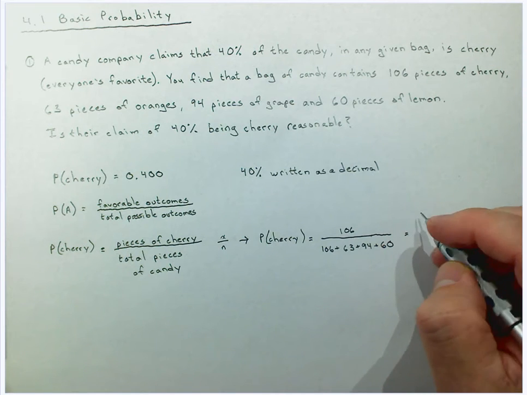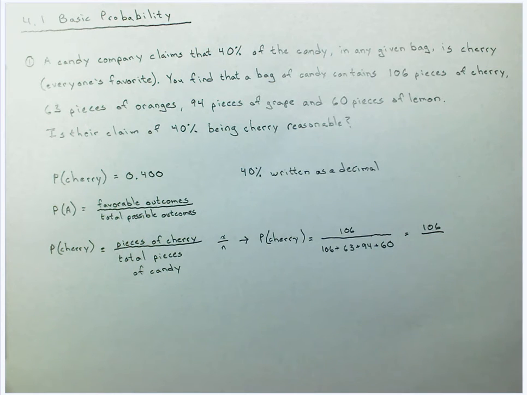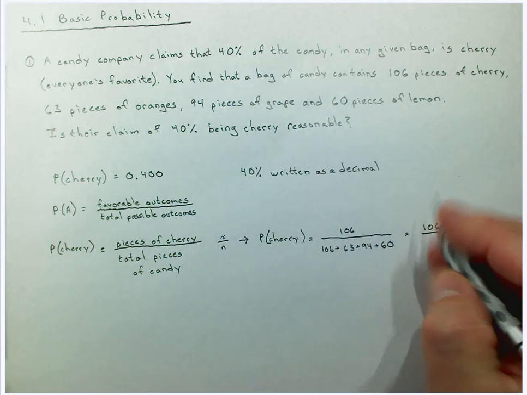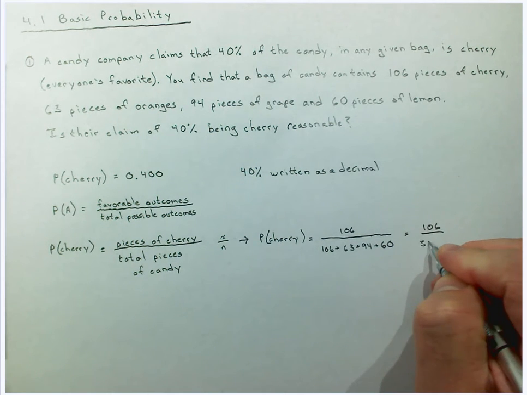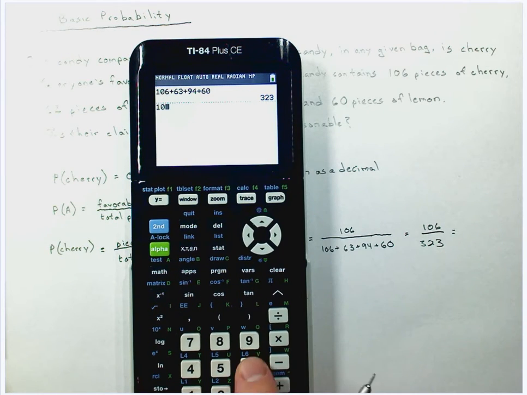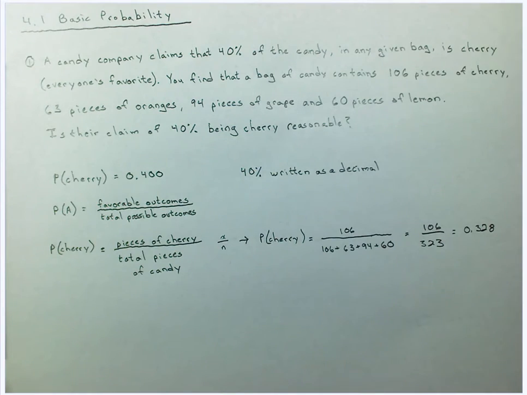We will use the calculator on this. 106 plus 63 plus 94 plus 60 gives me 323. So 323 total pieces. Now I simply divide 106 divided by 323, and that gives me, we'll take it out three places, 0.328. So that right there, that's approximately 33%.